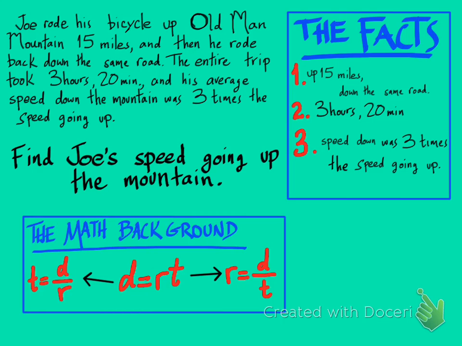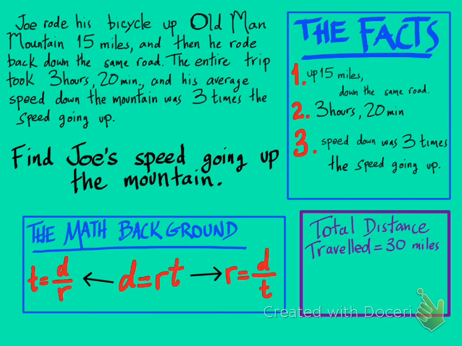All right, so if we take a look at the facts, again, to kind of summarize some of them, one of them is that the total distance, as we mentioned, was 30 miles total. And the other one might surprise you a little bit. We'd probably run into this a little bit later on, but I'm putting it here to help move things along a little. 3 hours and 20 minutes is kind of an odd time. So be on the lookout for this.